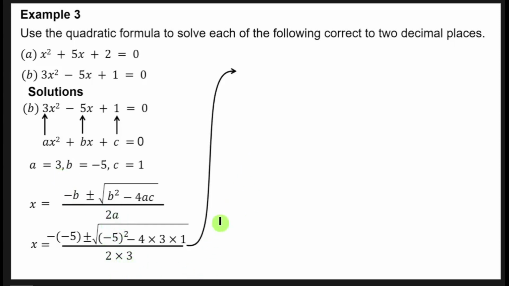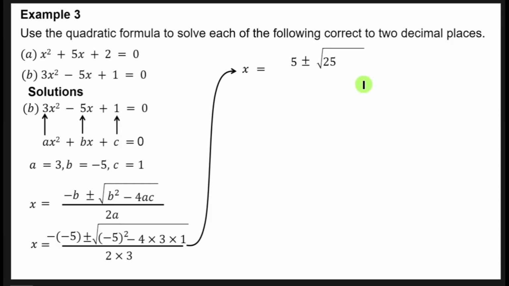So they need to move like that. So come here, we have x is equal to, then here we multiply negative, which will be positive, so we have +5. Then this plus or negative will remain there, then square root, and here we'll say -5 times -5, which will be 25. Then here -4 times 3, 12, -12 times 1, which will still be -12 there.